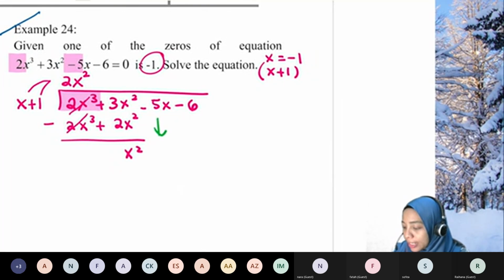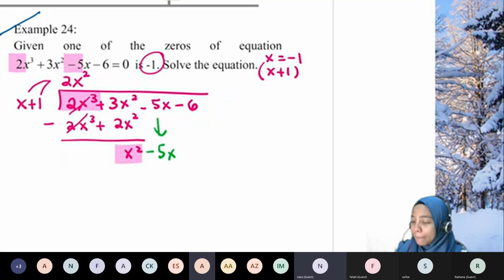Okay, now you turunkan negative 5x. Now what makes x square? X. So plus with x. Sekarang yang hijau ni, the green ni, kena darabkan dengan x plus 1.